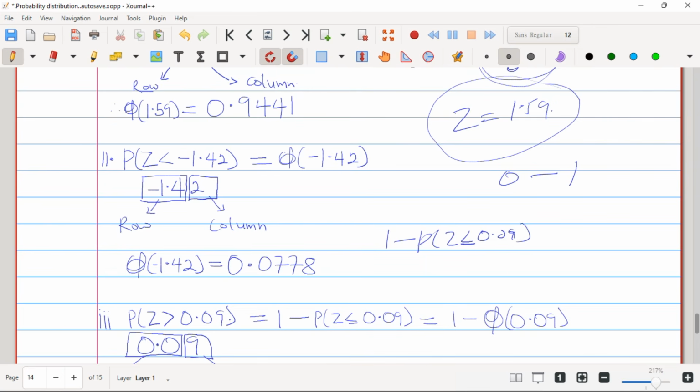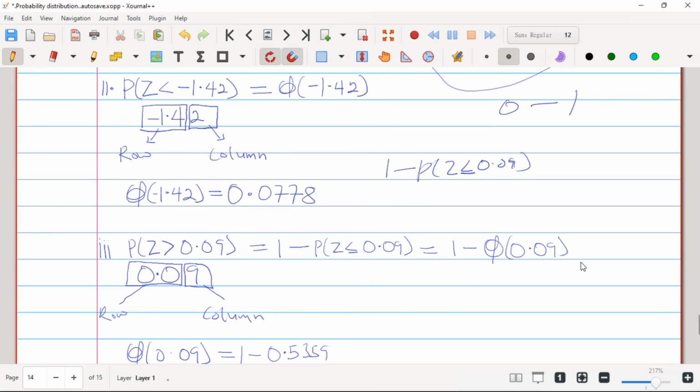Since we do not have limits that handle greater than, we have to change it to less than. Once you subtract this from 1, we get the probability that our z is greater than 0.09. And we know that the probability that our z is less than or equal to 0.09 can be written as phi of 0.09.